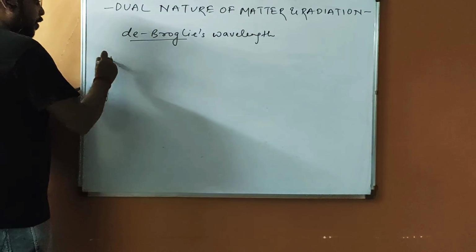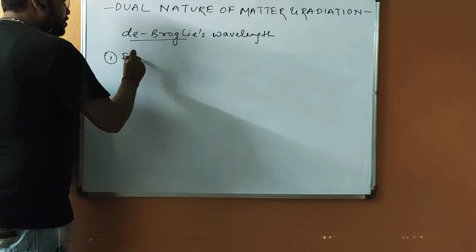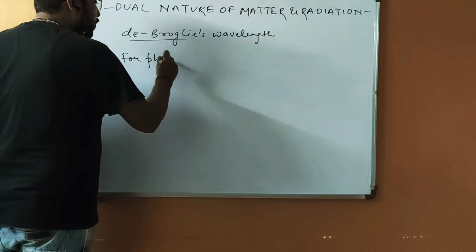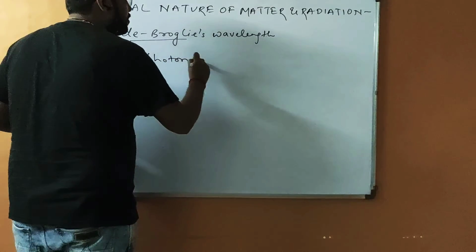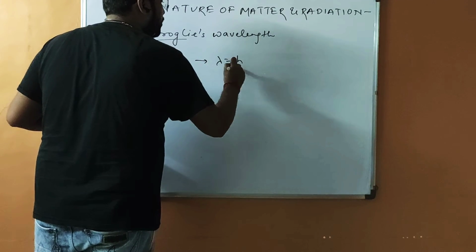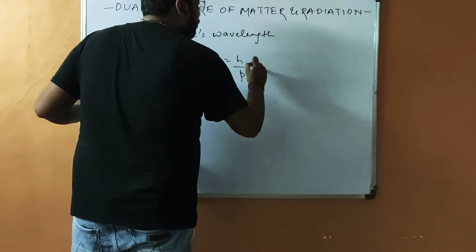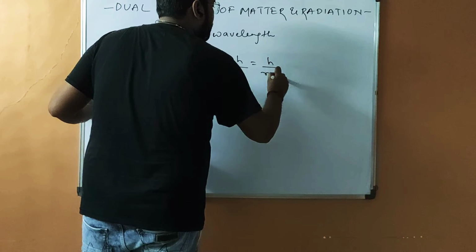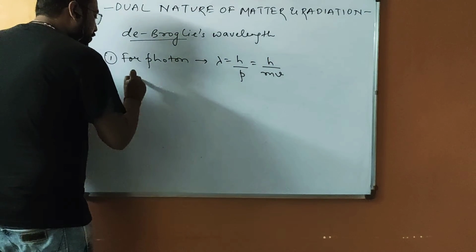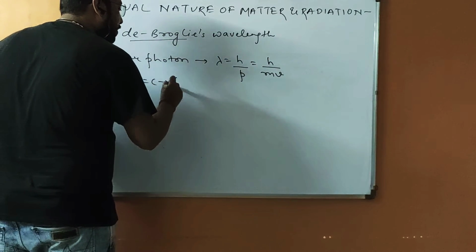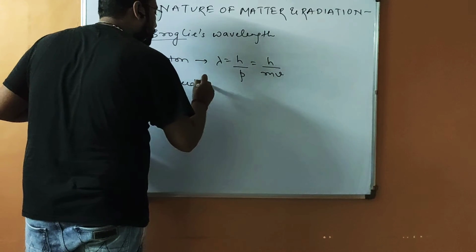Okay. So for photon it is the simple expression. It is given by lambda is equals to h by p, or you can say lambda is equals to h by mv, where v is equals to c, speed of light, because photon travel with the speed of light.